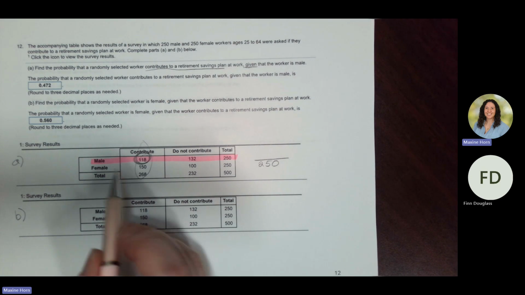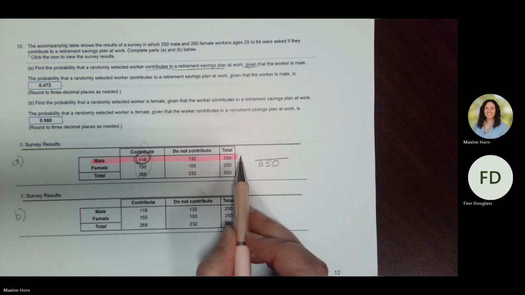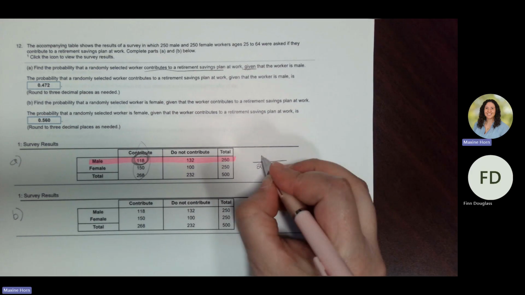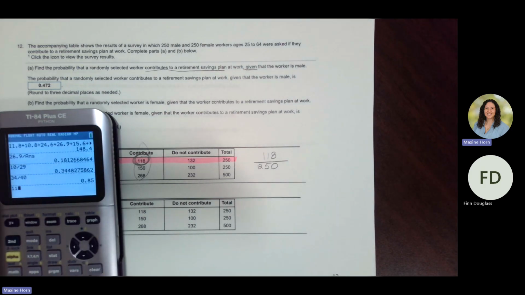Where the given overlaps with the specific thing they're looking for, that's what goes in your numerator. So we're going to plug that in, 118 over 250, and that's how they're getting that 0.472.